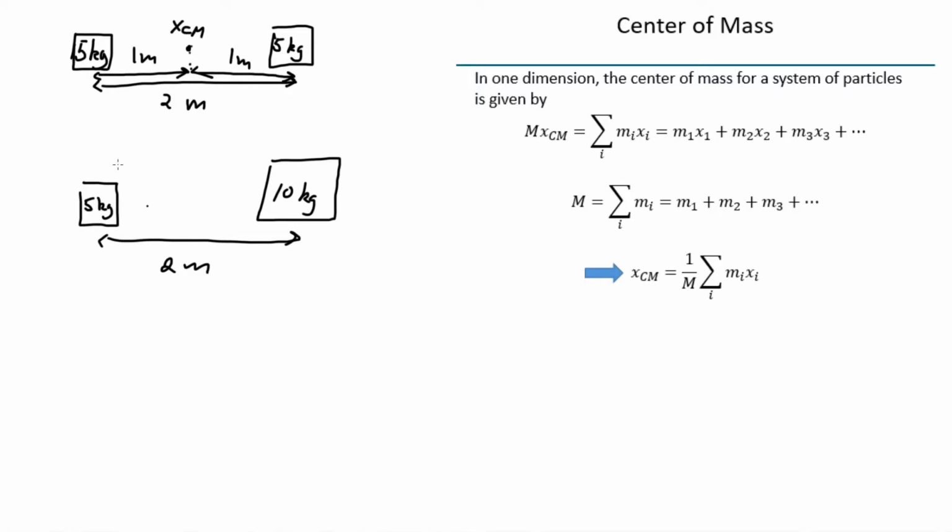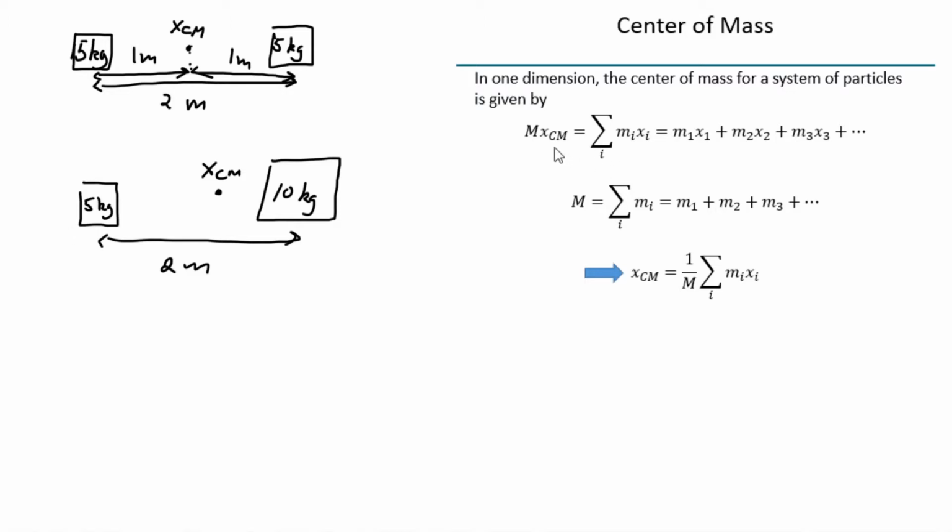But from an intuitive point of view, it makes sense that the real center of mass of this system should be closer to the 10 kilogram mass. So what we can do is take a weighted average of the positions of these two masses, and we call this weighted average the position of the center of mass.